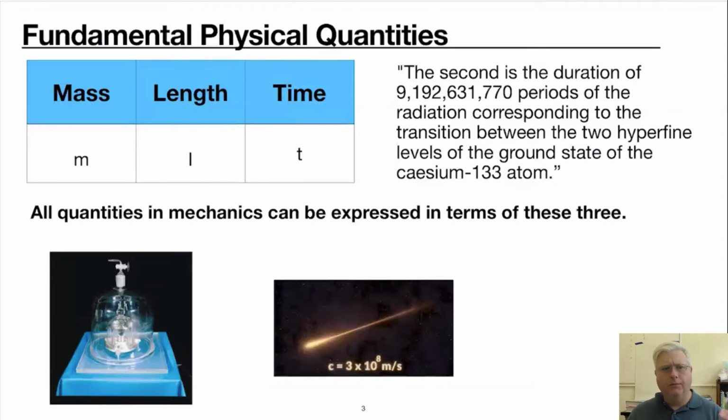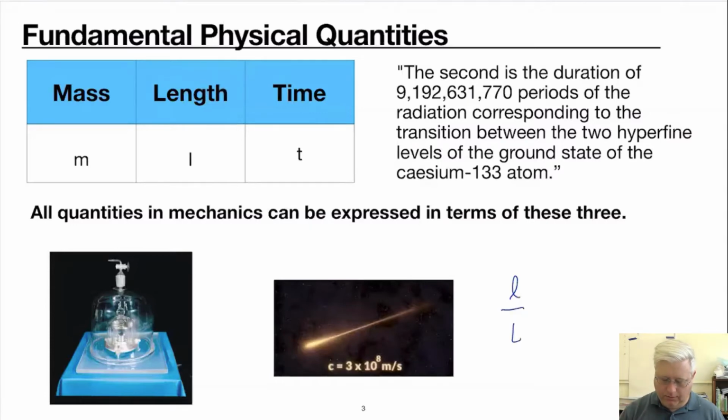There are these three fundamental physical quantities, and everything in mechanics, everything in this course we're going to do, can be expressed in terms of these three. For instance, the speed of light, we see there's m/s. Speed is how much distance traveled, so a unit of length in a certain amount of time.